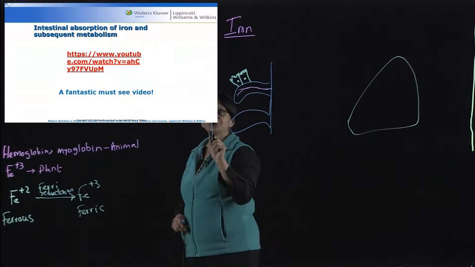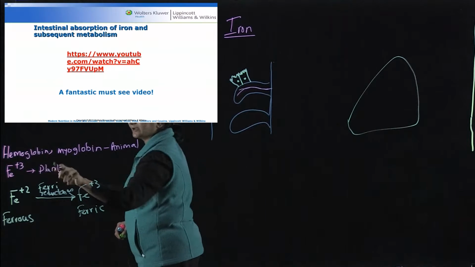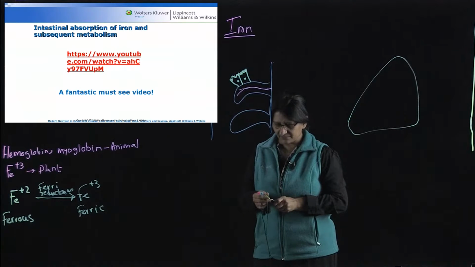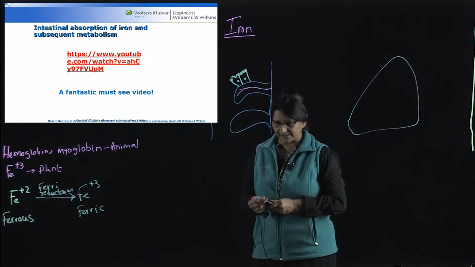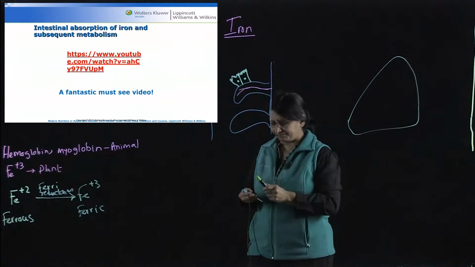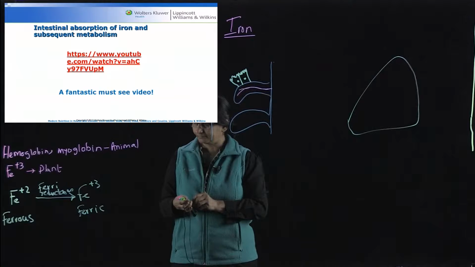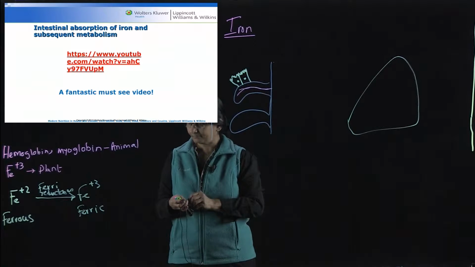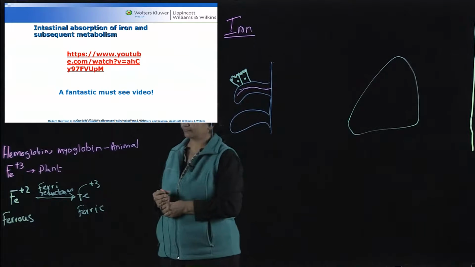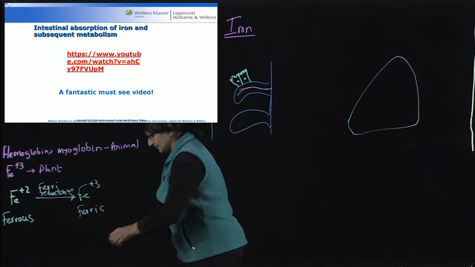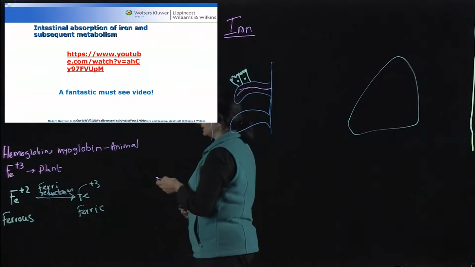So when we consume the ferric form of the iron within the diet, then essentially what happens is that the ferrireductase, that cannot be correct, can it?